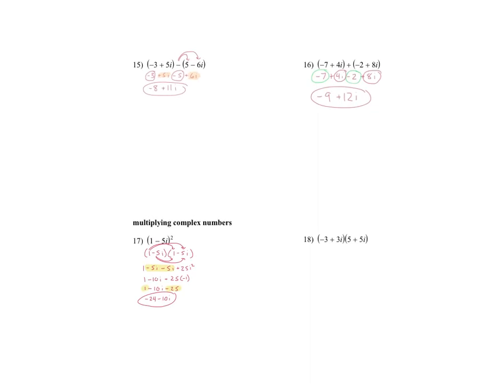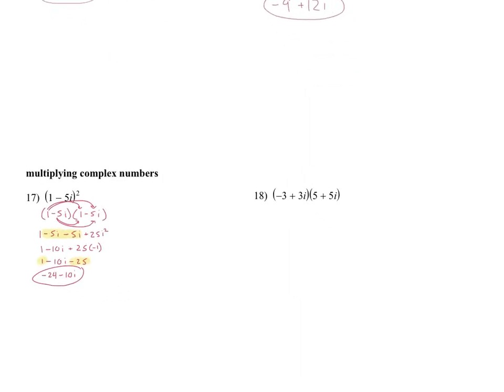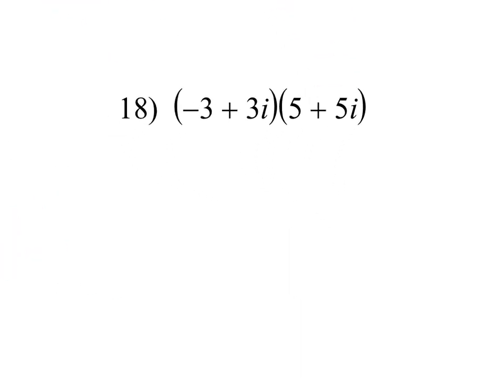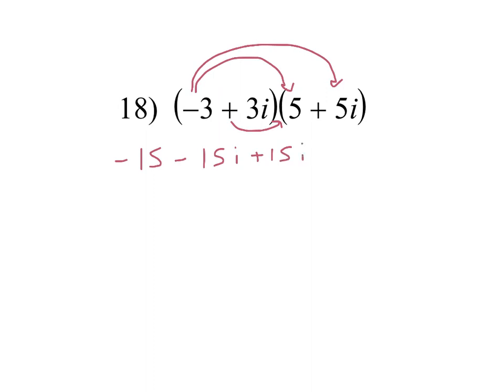All right, last ones. Take a look at 18. What do we need to do first? FOIL. So we do the first ones. So we have negative 15. Then the last ones. And then the last one's plus 15i squared. What do we do next?